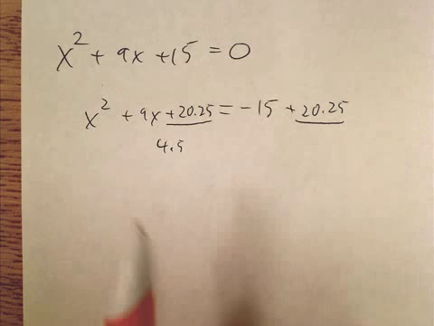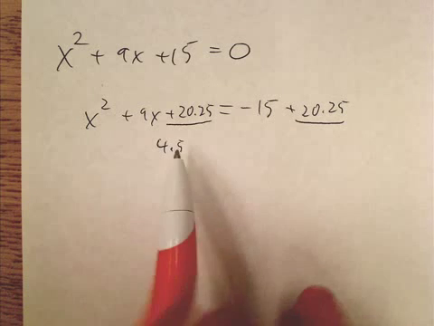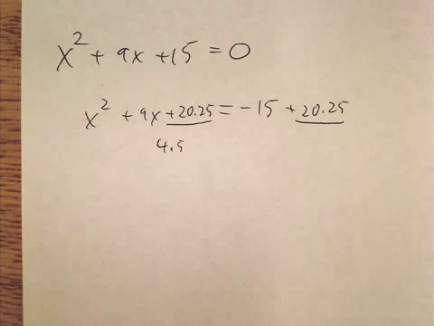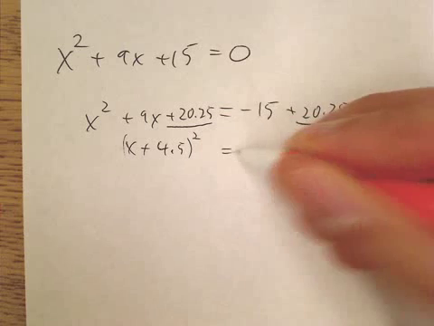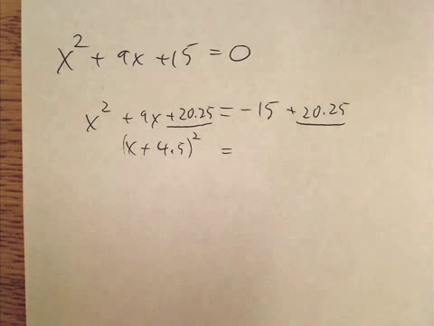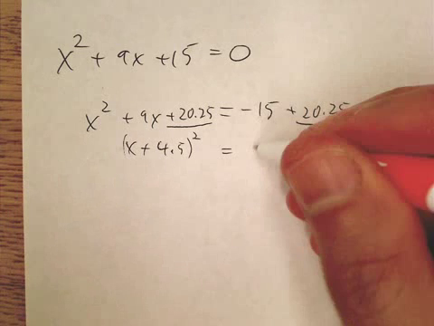Okay, the next thing you're going to do is put the x plus 4.5 in parentheses squared here, and over here you're going to add those up. Go ahead and do that. Okay, x plus 4.5 squared over there. That's going to be 5.25. Wait, yes.